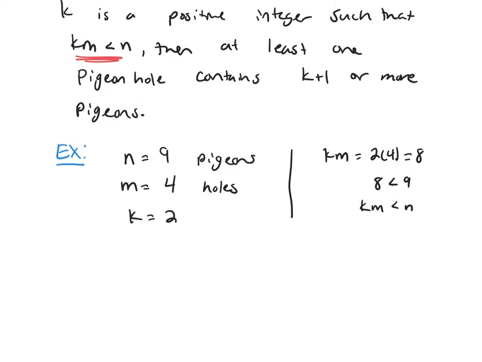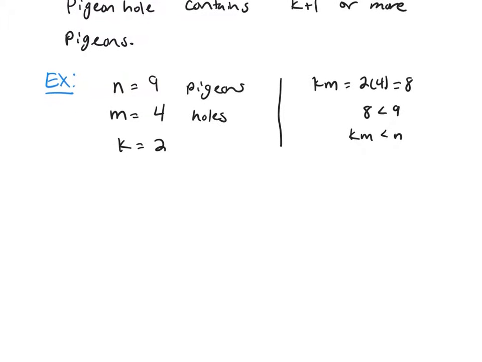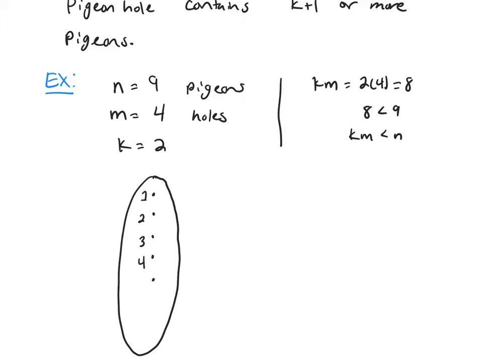So now let's think about this kind of scenario using our function idea. I have 9 pigeons on the left. I'm just going to use a dot for each one. Pigeon 1, 2, 3, 4, 5, 6, 7, 8, and 9.